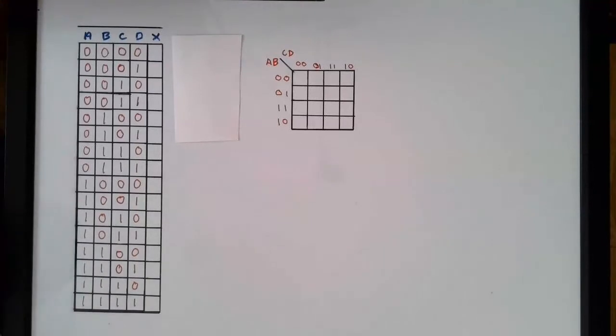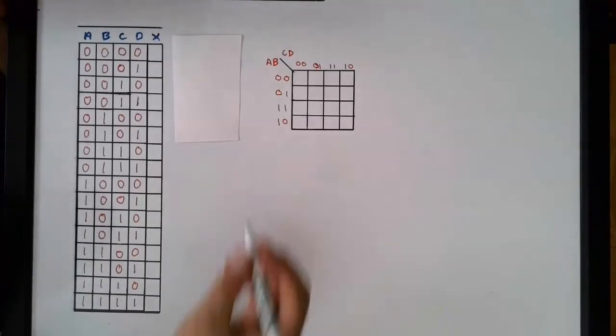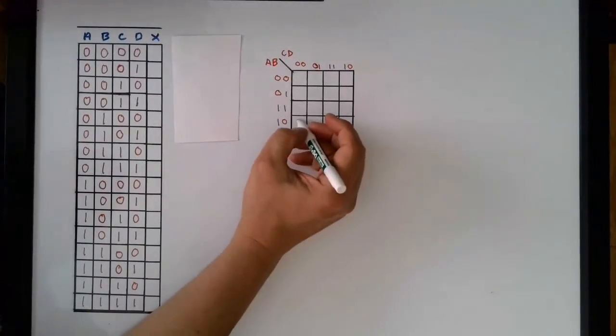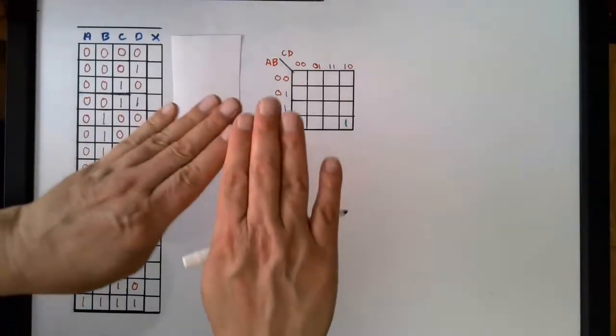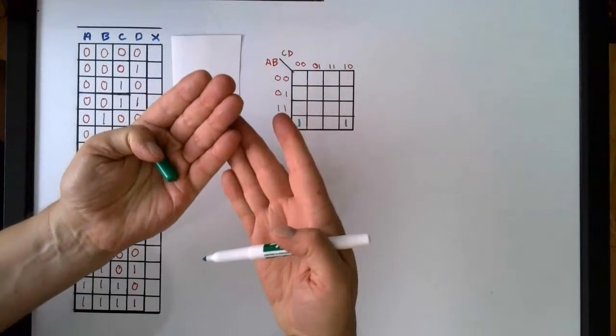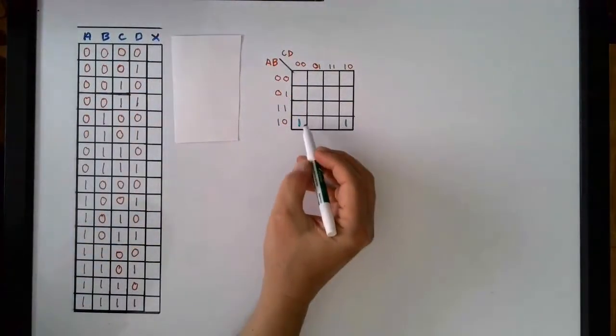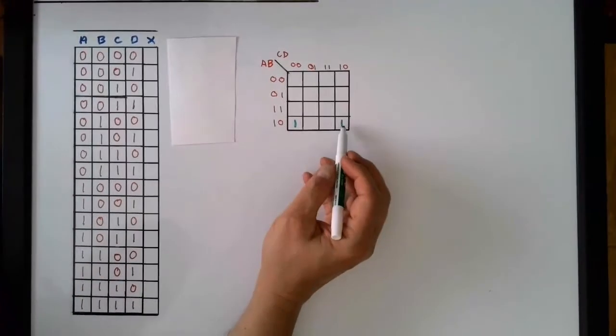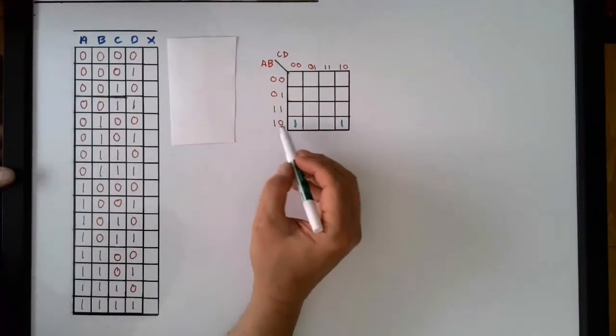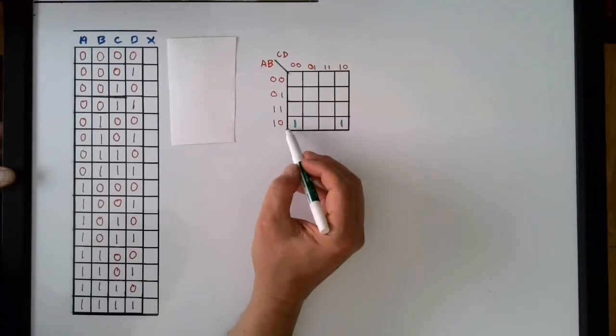Now let me show you some differences with the mapping in this case. Let's say, for example, that we have 2 cells here that are 1. Those are considered adjacent because in this case our map is going to fold around this way. So those would be considered adjacent cells. What would the value of that be? Well, in this row, A and B are 1 and 0. They don't change.